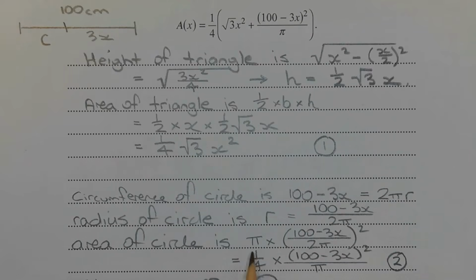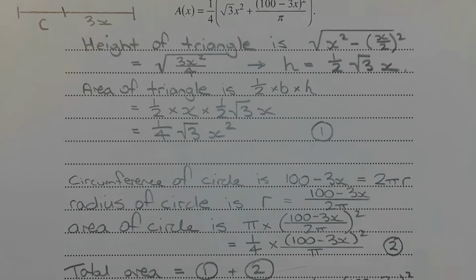And there'll be some cancellation here, so the pi squared in the denominator will cancel with the pi outside of the brackets. So we end up with this expression here. The area of the circle is 1 over 4 times (100 minus 3x) in brackets squared over pi. Notice that the pi is not inside the brackets. And we'll call this expression number 2.